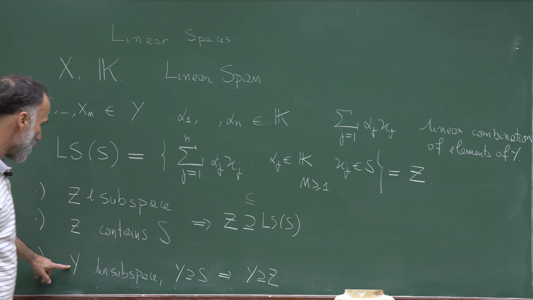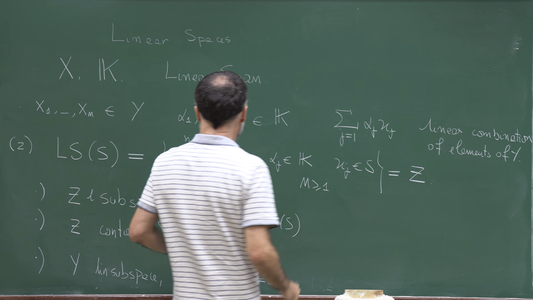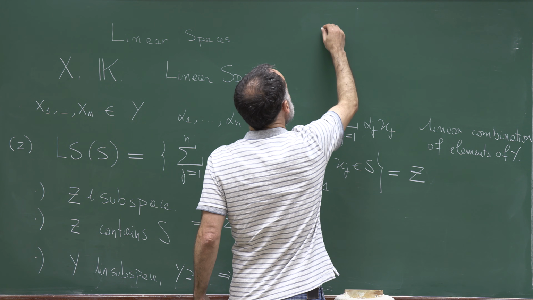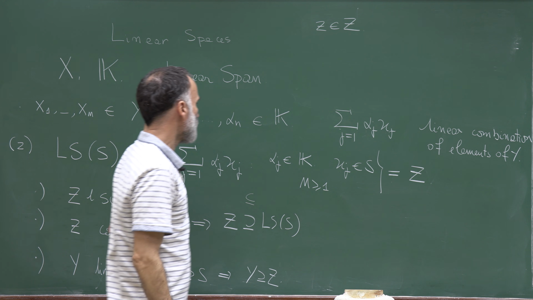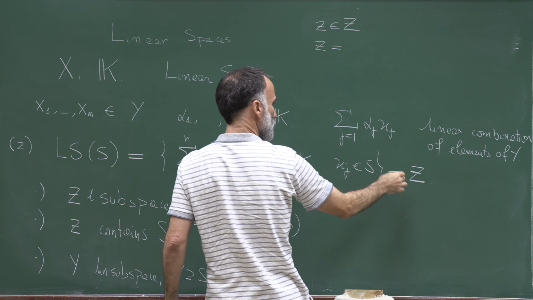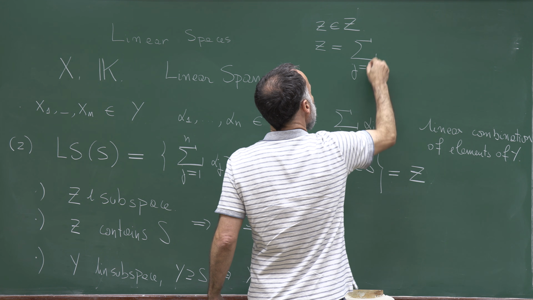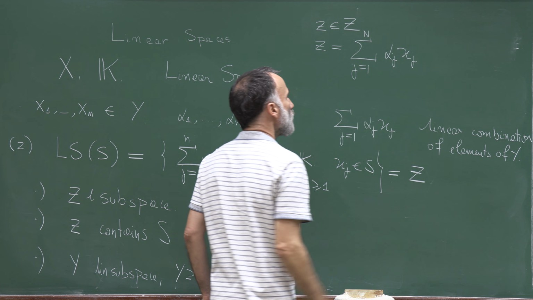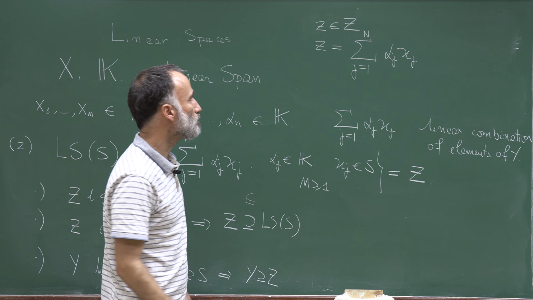So let's consider Y a linear subspace which contains S. And I have to show that Y contains Z. Well, take an element Z in Z. So Z can be written by definition of the space Z as a sum j from 1 to n of alpha j xj, where xj is an element of S and alpha j an element of K.